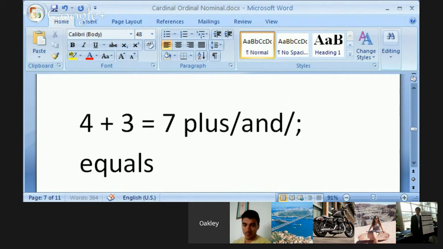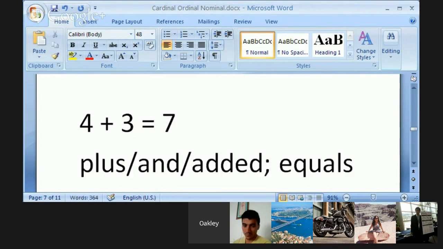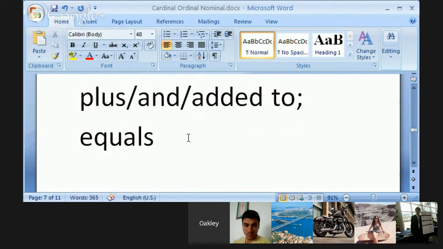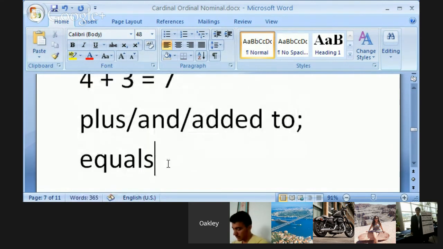I could, in theory, grammatically correctly, say 4 added to 3 equals 7, or 4 and 3 are 7. So I can say equals, I can say are.